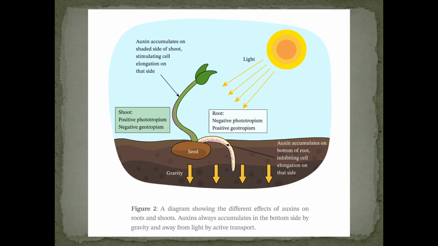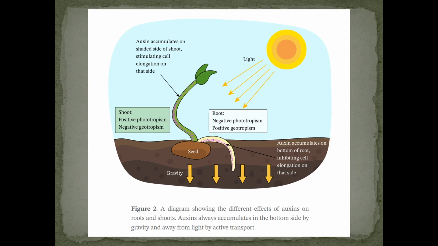This type of tropism is called geotropism or gravitropism. Gravitropism is not only for root orientation. Astronauts have observed that even in space, in the absence of gravity, plant roots show directional growth. The root grows away from the light source.